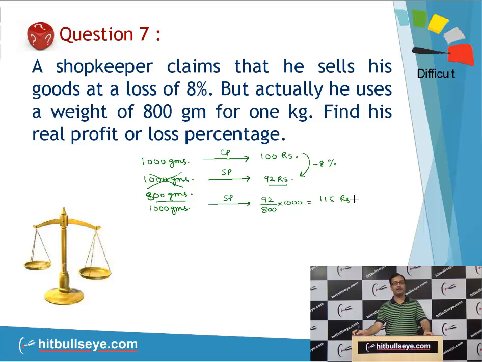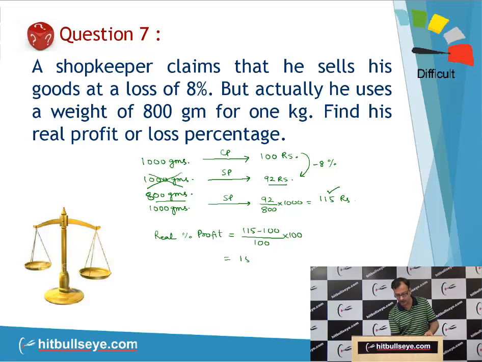Now we can say, instead of taking a value of 92 rupees, he is actually selling the whole quantity of 1000 gram at a price of 115 rupees. So let us calculate the real profit or loss percentage. So this comes out to be selling price 115 minus the cost price 100 divided by cost price 100, multiplied by 100.